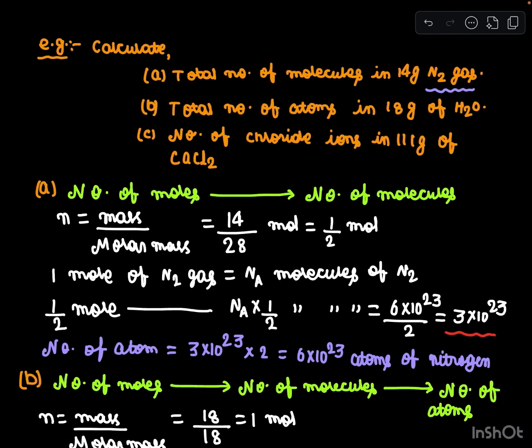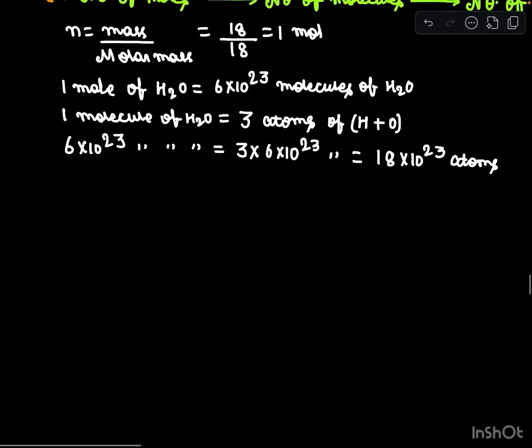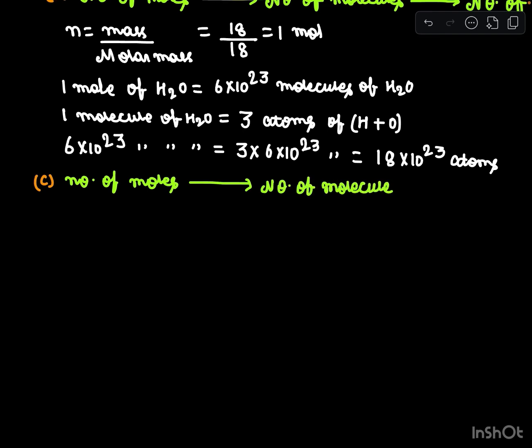Next question is calculate the number of chloride ions in 111 gram of CaCl2. Chloride ion. Okay. Again, steps. Question number C. At first, calculate number of moles, then number of molecules, then number of ions.